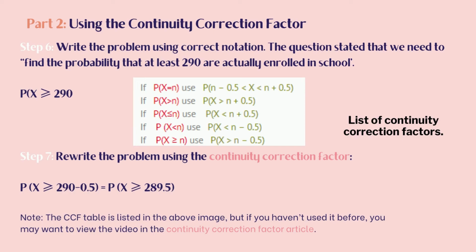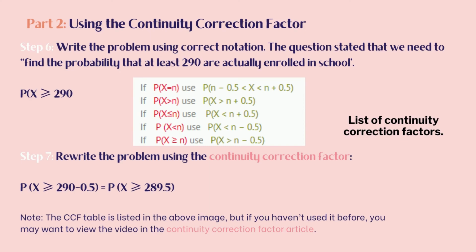Part 2. Using the continuity correction factor. Step 6. Write the problem using correction notation. The question stated that we need to find the probability that at least 290 are actually enrolled in school. P(x greater than or equal to 290). Step 7.